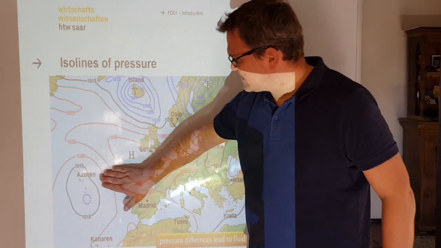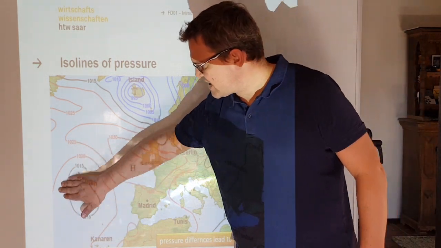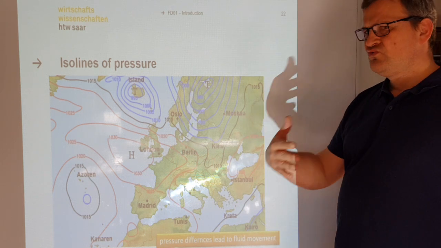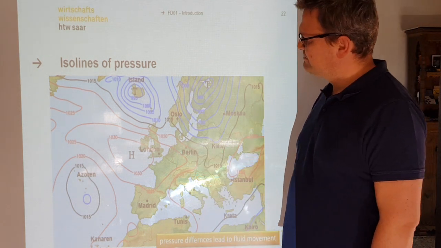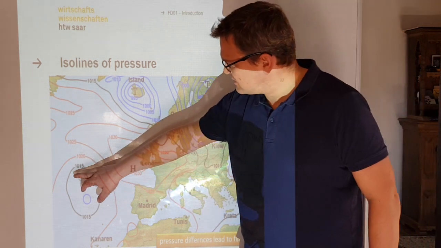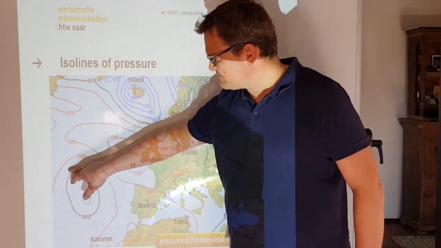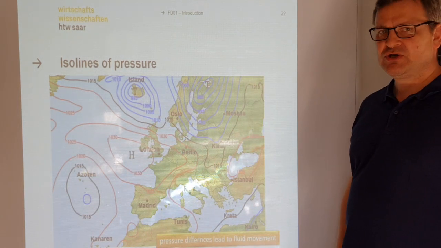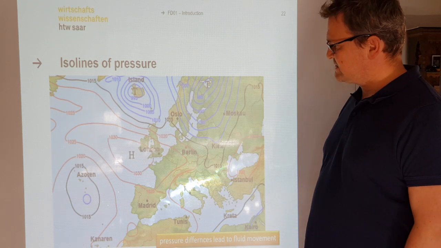We have these islands here, the Azores, and in this region we always have really big pressures. What you see on this map are lines, and we call these lines isolines of pressure or isobaric lines.